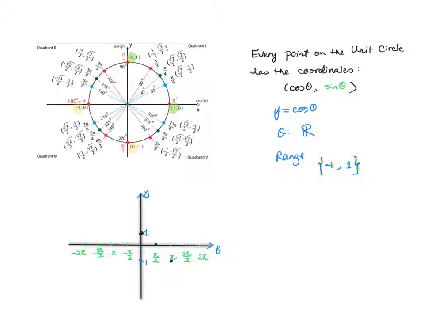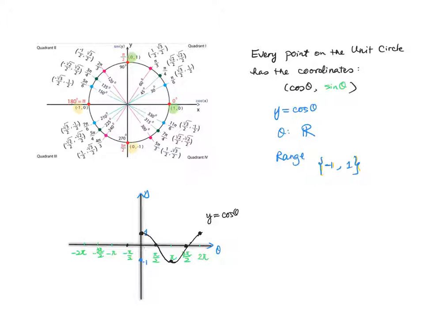And then in the third quadrant, 3 pi over 2, x is 0 again. At 2 pi, x, which is cosine theta, is back to 1. So now if I connect this smoothly, this is y equals cosine theta.